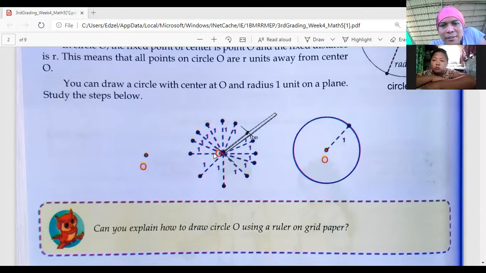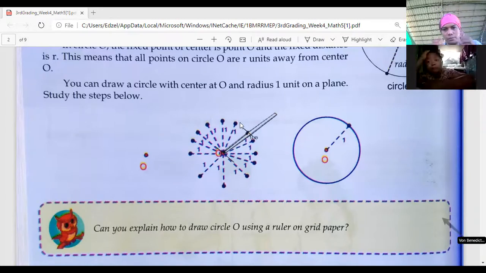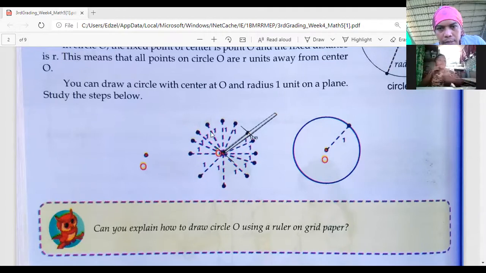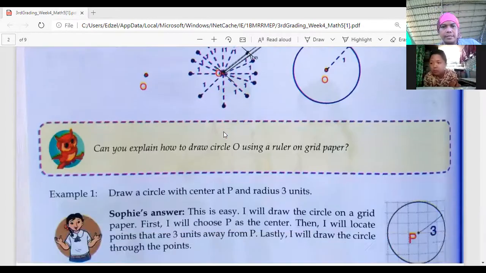So all radii have equal measurements. That's why we call it a circle. If you look at a peso coin, it's a circle. Take the center, then measure using a ruler, from the center going to the edge, and another edge, and another edge, the measurement is equal. If you saw that, that's easy, no?